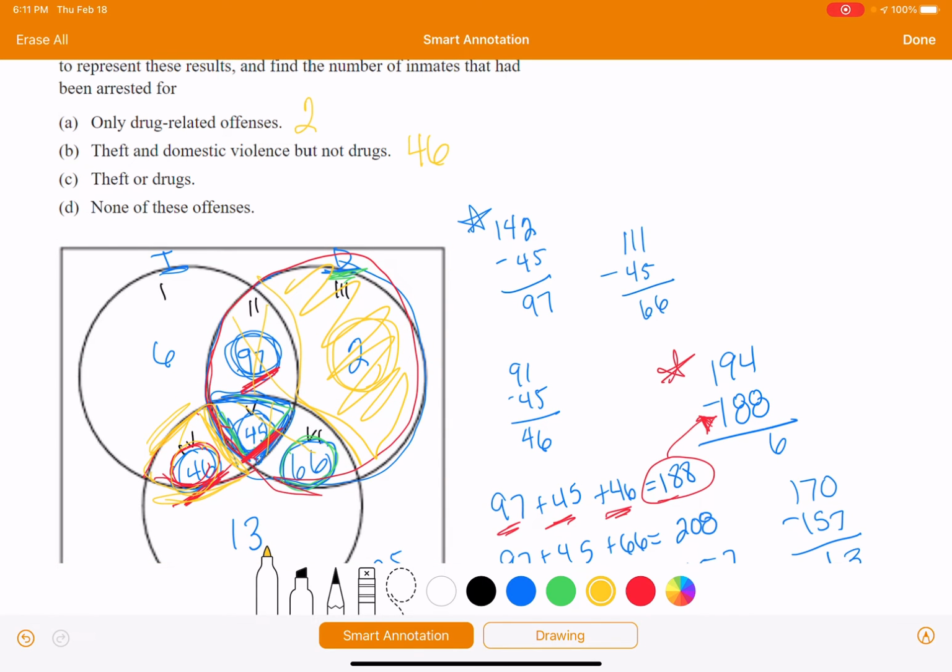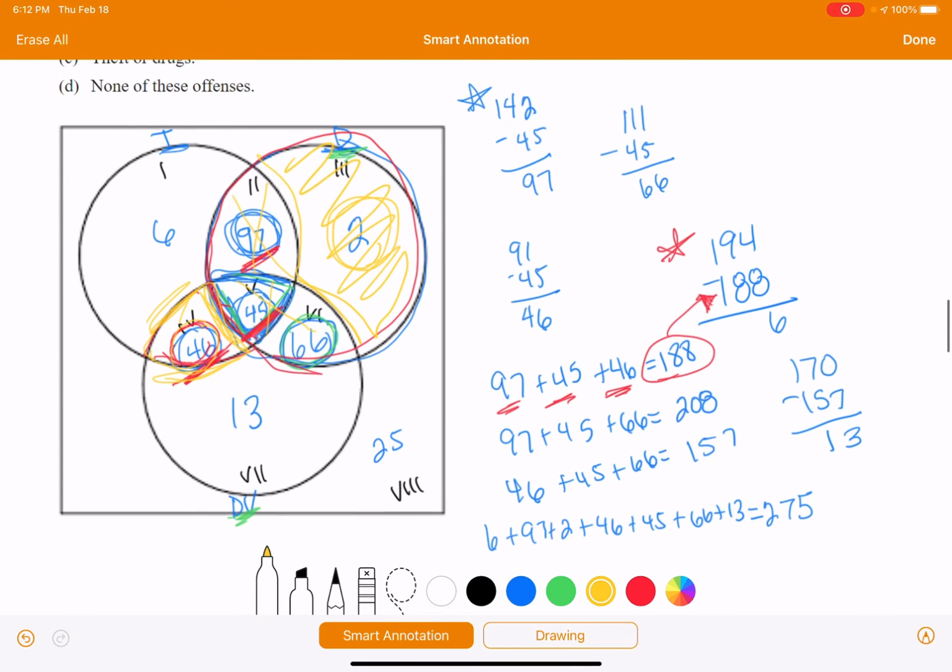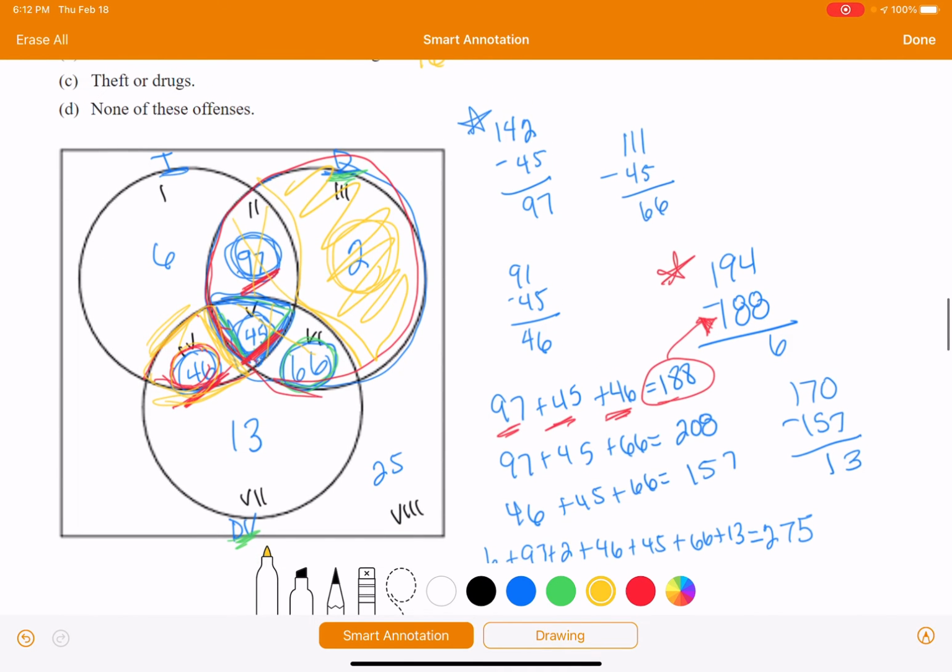So those arrested for either theft or drugs are all in all regions except for 7 and 8. So there are only 13 plus 25 of those, which equals 38, that weren't arrested for at least one of those. So we can really take that 300 and minus that 38. Okay, we got the 38.